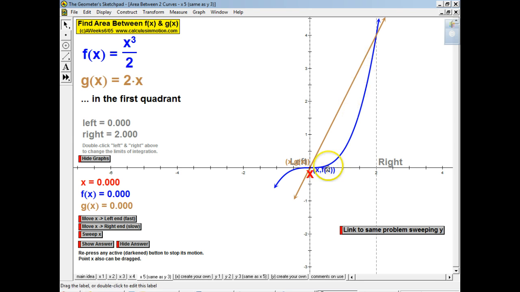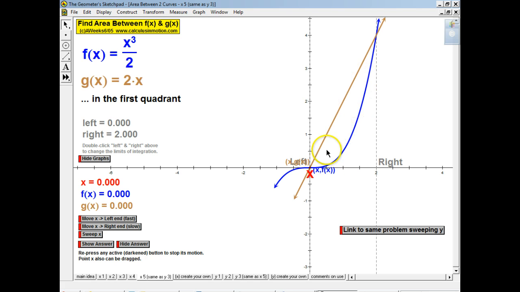And it automatically would be bounded by the x-axis. So if we do that, what we're going to get is all of this area here. If we were to take the area of the curve from 0 to 2 of x cubed divided by 2, we would get this area here.